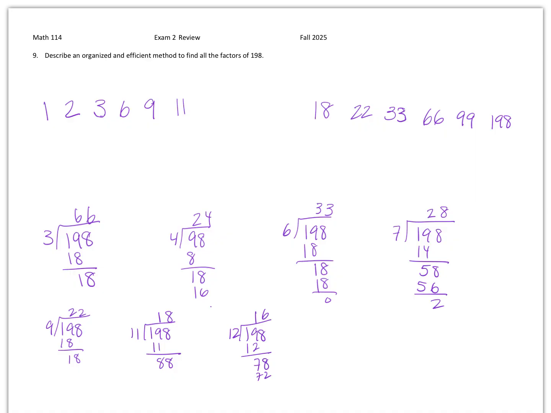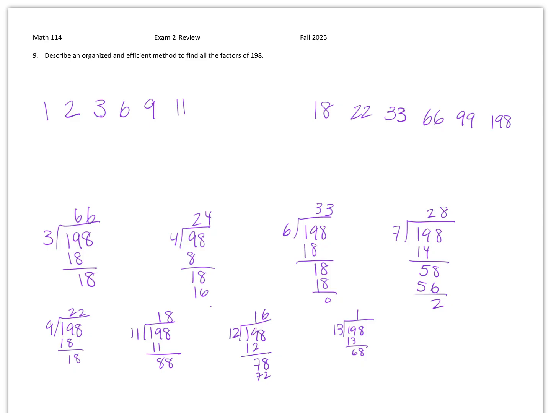Okay, next thing I want to check is 13. 13 goes into 19 once. Okay, 13 goes into 68. I know 13 times 4 is 52, so it's at least 4 times.